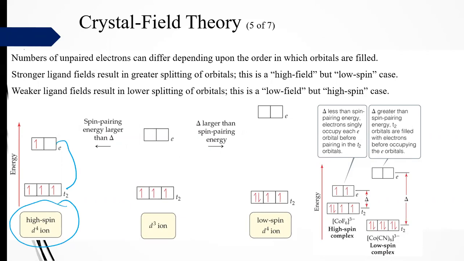High spin means we are going to have more unpaired electrons. Because the energy levels are closer, we'll start to fill both levels, the lower one and the upper one. We'll spread out our electrons. Because there's not much of a difference between those two energies, it's better to populate those top levels instead of forcing electrons into the same orbitals.